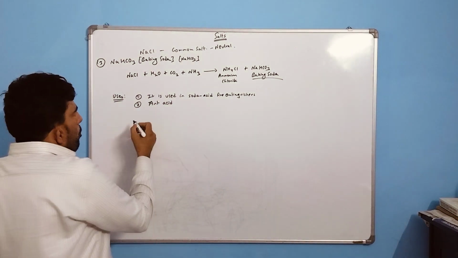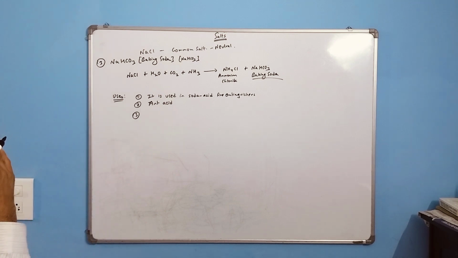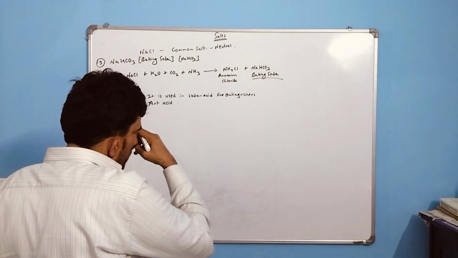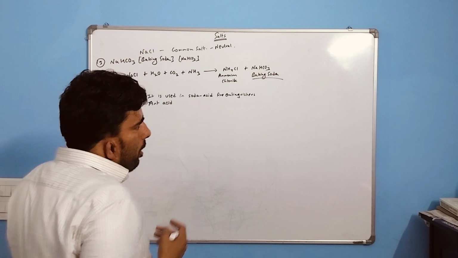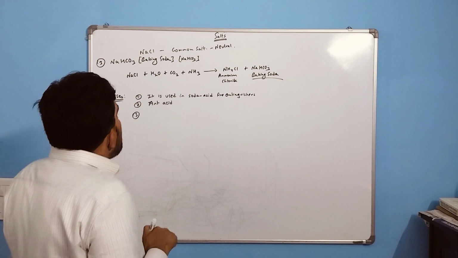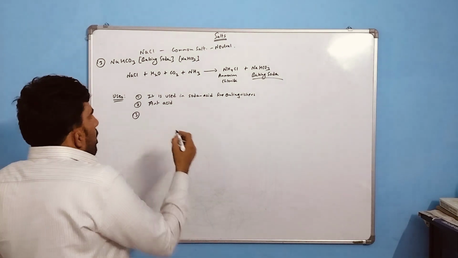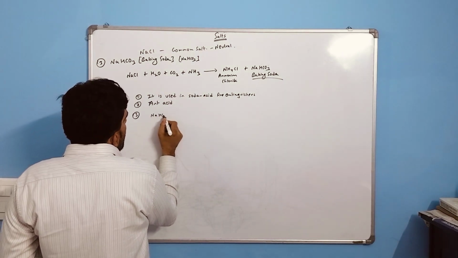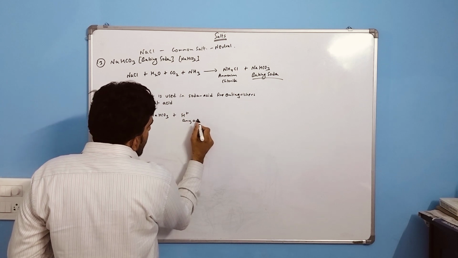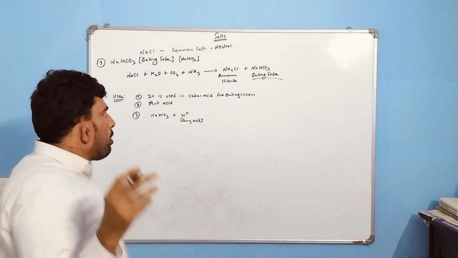Okay. One more use is that it is used to prepare baking powder. Sometimes the question is how you form baking powder. If I use NaHCO3 plus H plus any acid, I can take the example of tartaric acid, that is a mild edible acid.